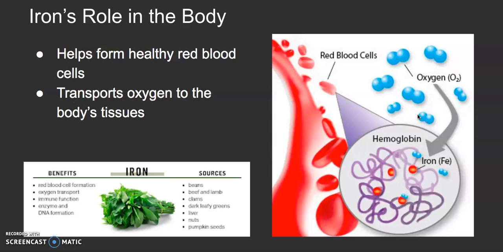And so through this O2 iron bond, hemoglobin is able to bring red blood cells oxygen all over the body to all of the tissues. So its main role is to transport oxygen to the body's tissues.